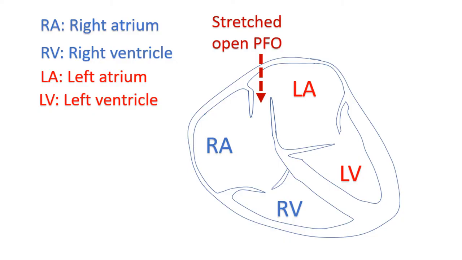If it is the left atrium which is enlarged, the stretched open PFO will shunt blood in a left to right direction and vice versa. If too much of right atrial blood with lower oxygen content reaches the left atrium, the oxygen saturation in the blood vessels of the body can fall, leading to bluish discoloration of skin.